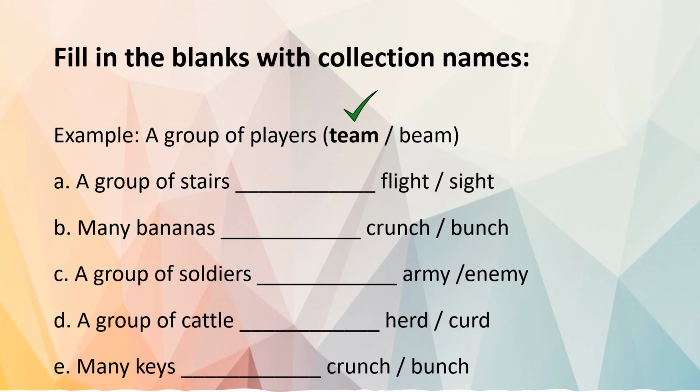The first one, a group of stairs, dash, and the options are given flight and sight. Here the correct option is flight. We call a group of stairs a flight.